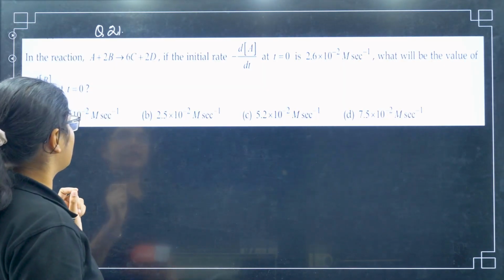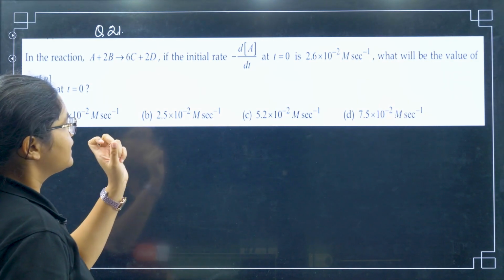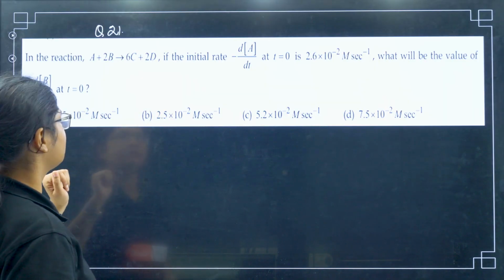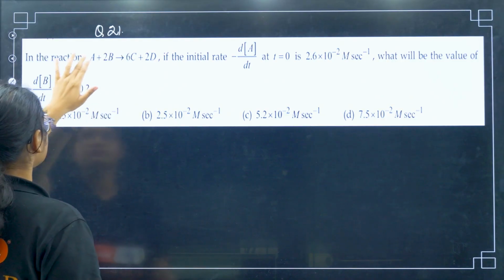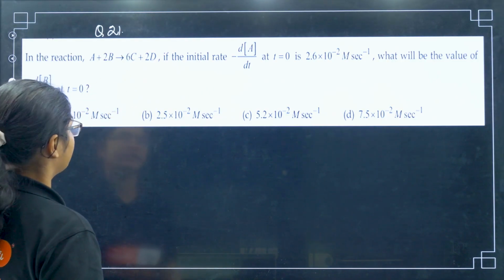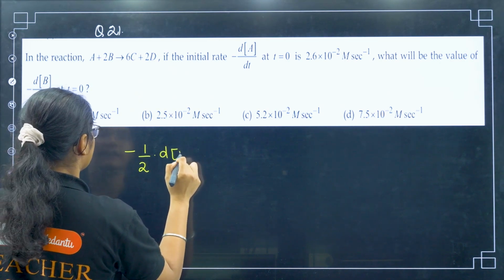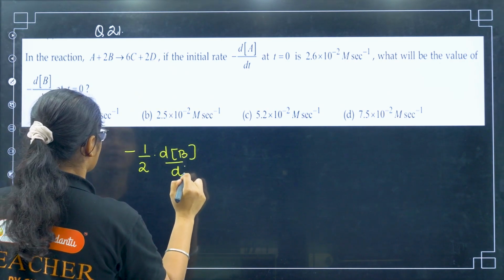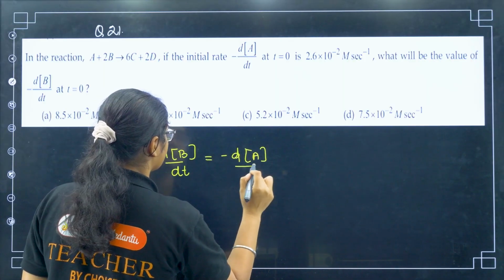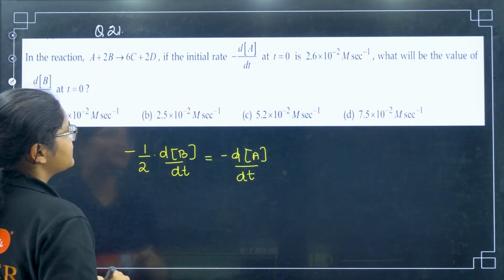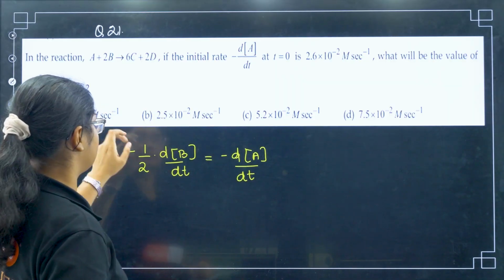Next, in the reaction A plus 2B gives 6C plus 2D, the initial rate is given. What will be the value of dB by dt? If I write the differential equation here, minus 1/2 of dB by dt will be equal to minus dA by dt. In the question, the dA by dt value is given, and you have to find dB by dt.